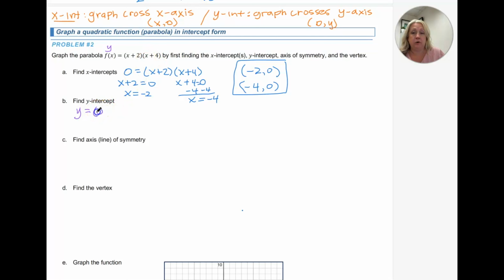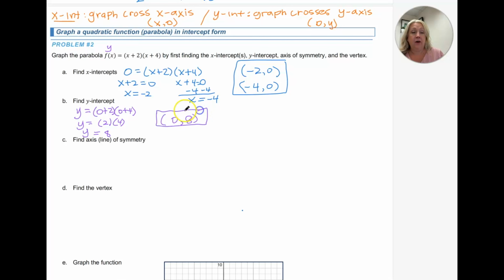So I have 0 plus 2 and 0 plus 4. 0 plus 2 is 2, 0 plus 4 is 4, and 2 times 4 is 8. So y equals 8, but we're not going to leave our answer like that. Let's write it as an ordered pair: when x was 0, y is 8.